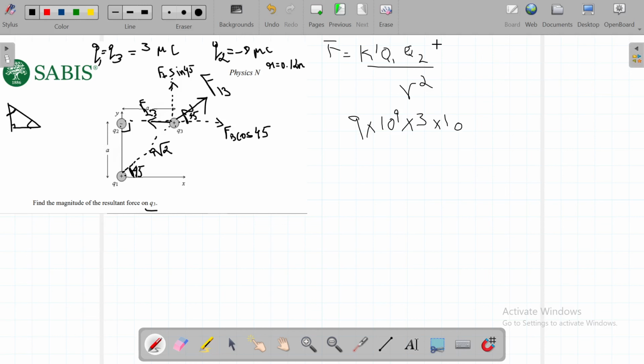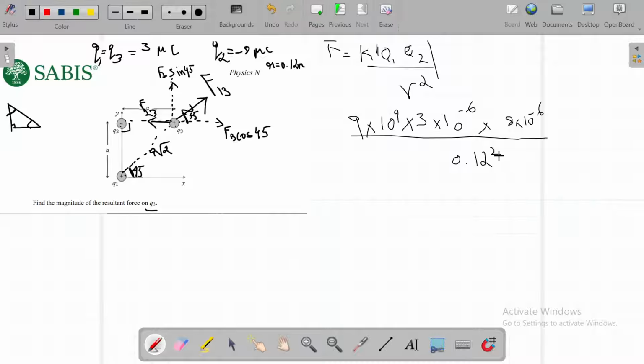Obviously, these need to be an absolute value. Times 8 times 10 to the minus 6, since the absolute value takes the negative away, over the R squared, which is 0.12 squared.